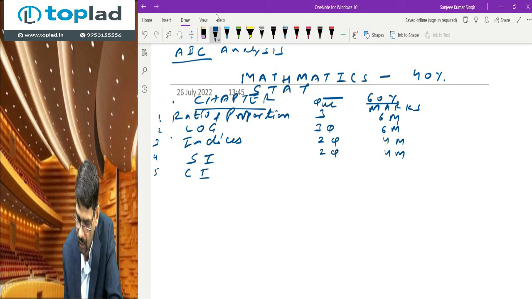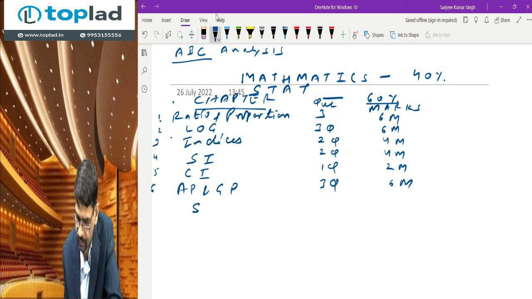Fifth one, compound interest, only 1 question, 2 marks. Sixth one, AP and GP. From the AP and GP chapter, the institute asked 3 questions, meaning 6 marks.